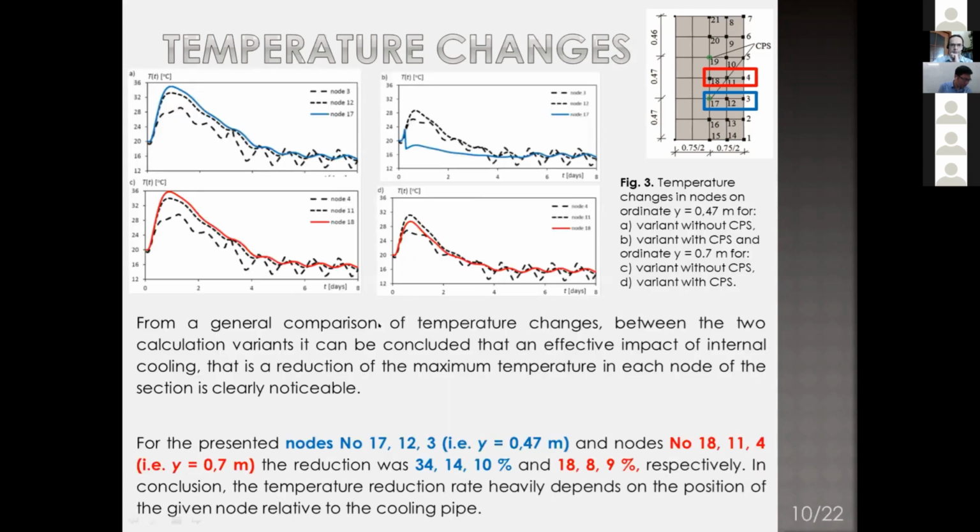We can summarize that the temperature reduction is quite significant, but it strongly depends on the location of the node relative to the cooling pipe. For the presented group of nodes, we see that the range of temperature reduction is between 8 and 34%.